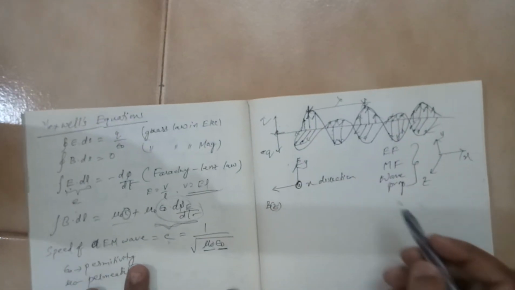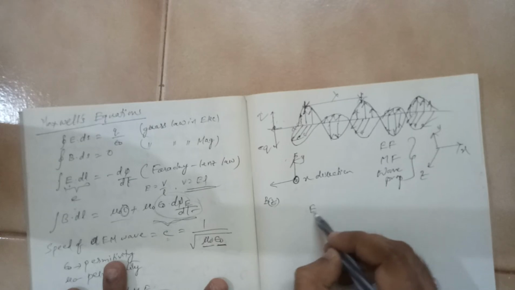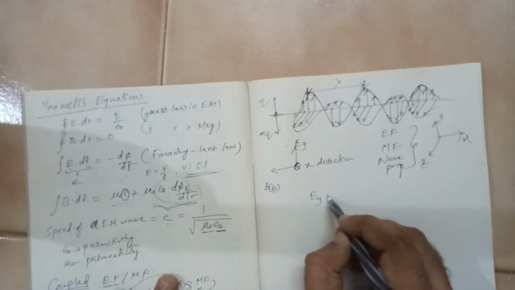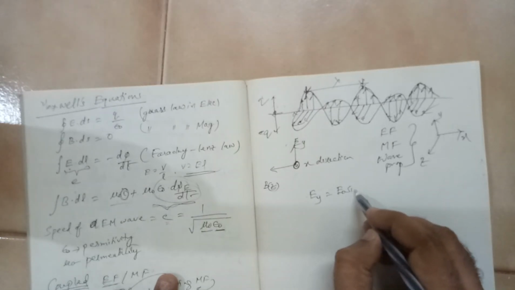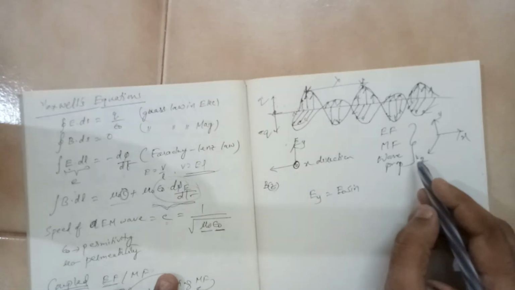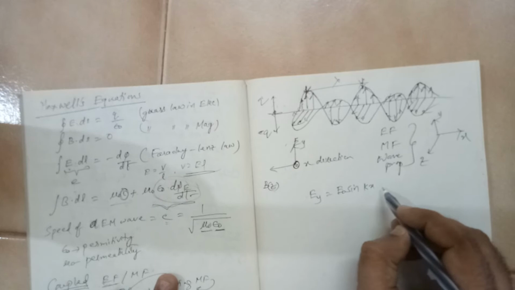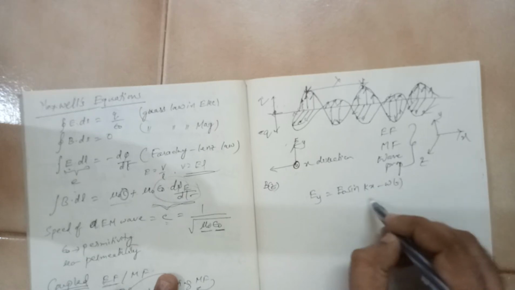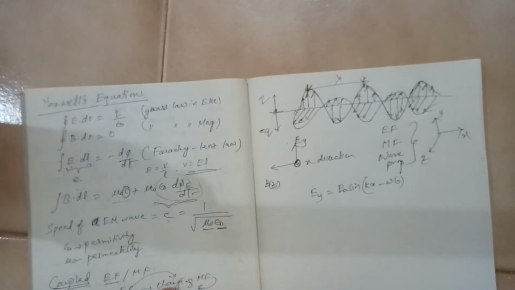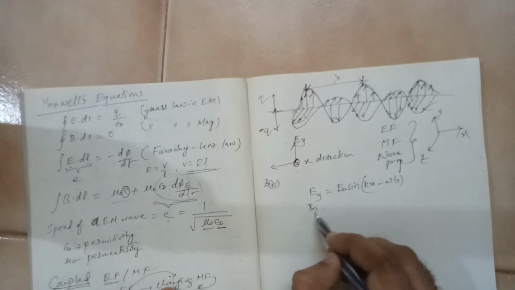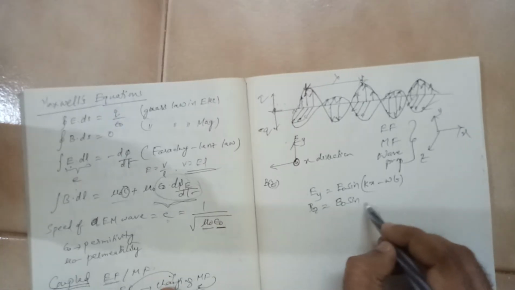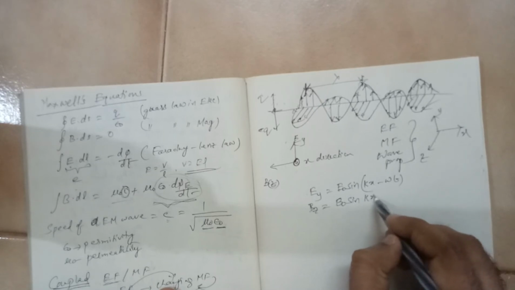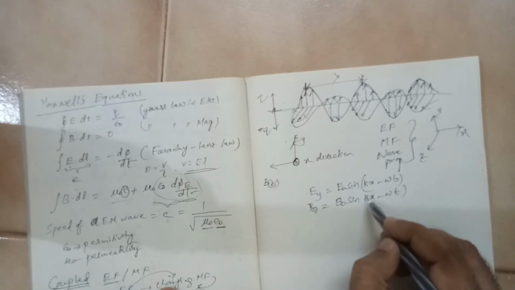If you want to write an equation for that, you write it like this: Ey is equal to E0 sine kx minus omega t, since it is propagating in the x direction, and Bz will be equal to B0 sine kx minus omega t.